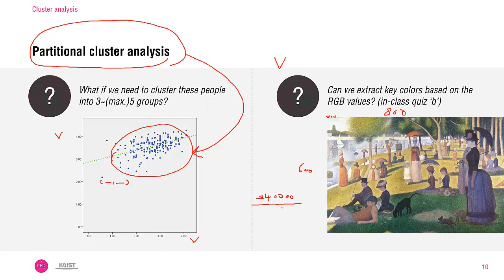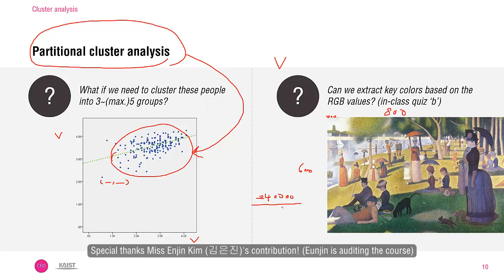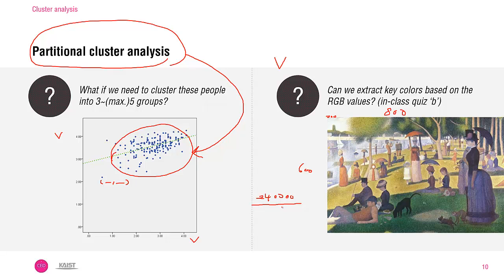And each has RGB values. So based on the RGB values of each pixel, we can cluster the pixels into several groups. And if we can find the average point of each group in terms of RGB, then it's technically possible to extract the key colors.